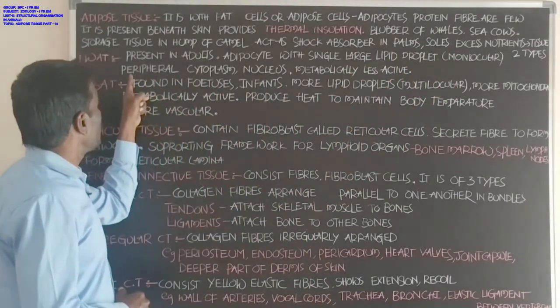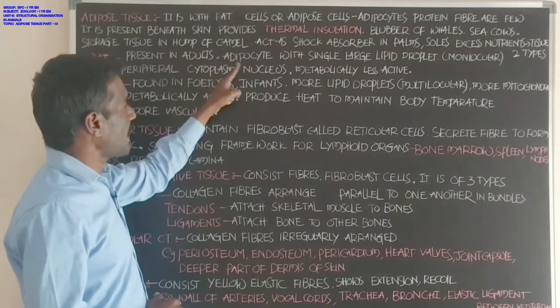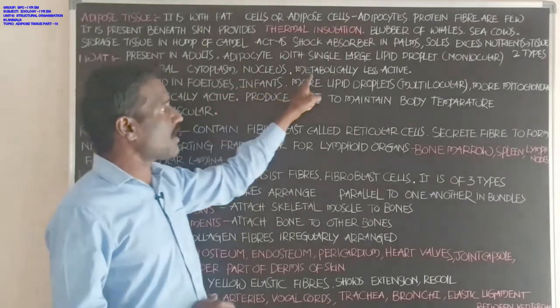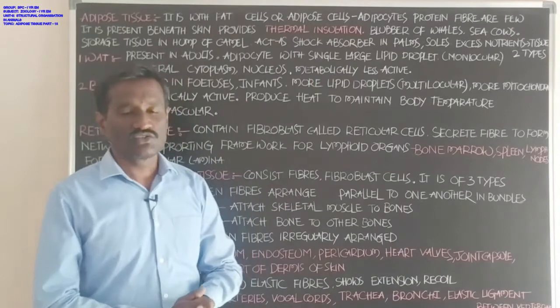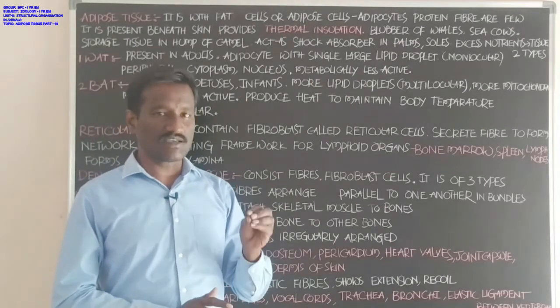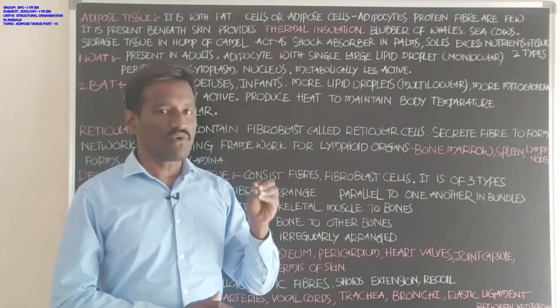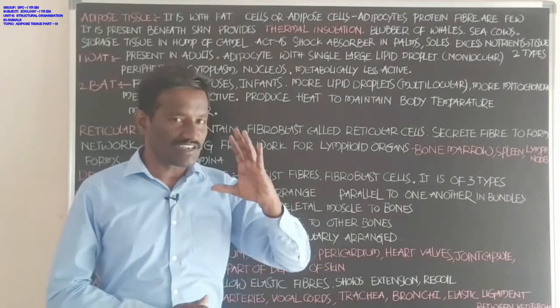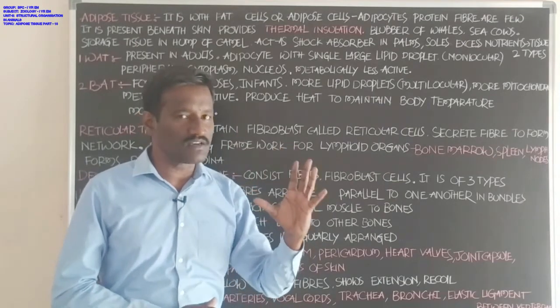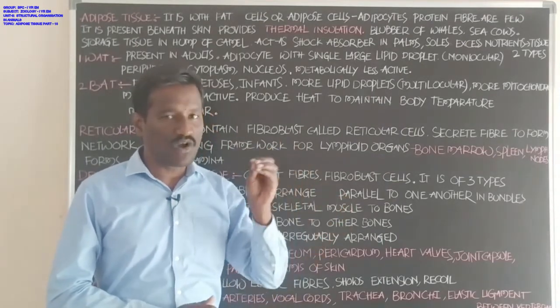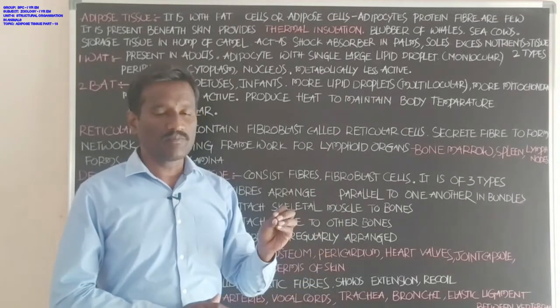Okay, the peripheral cytoplasm and the nucleus. Metabolically it is less active. Student, if you observe the cells present in the white adipose tissue, they consist of a single large lipid droplet, monolocular.